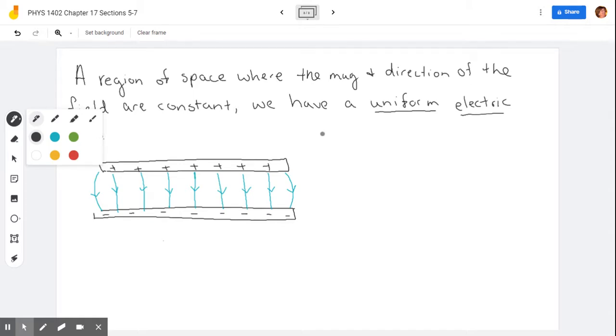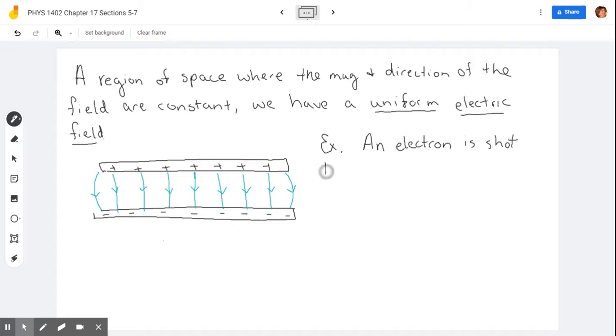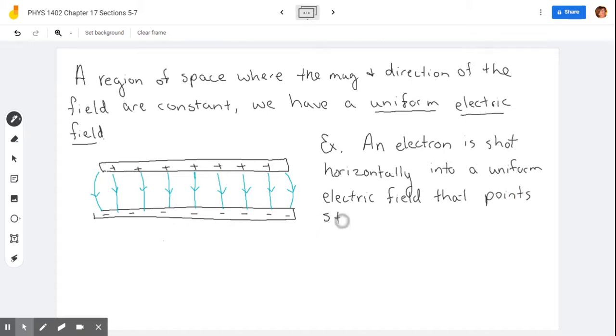All right, let's think about an example. It says an electron is shot horizontally into a uniform electric field that points straight down.